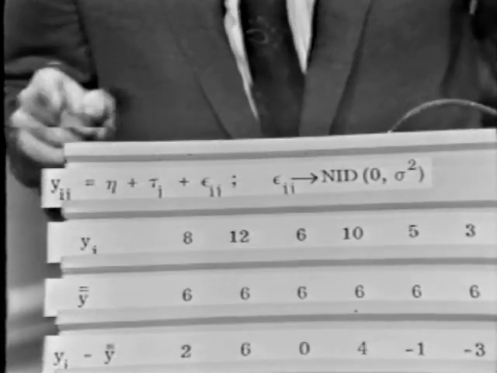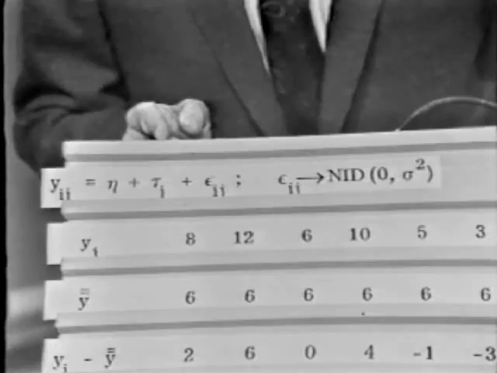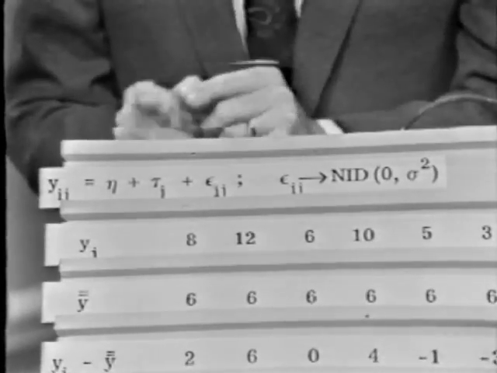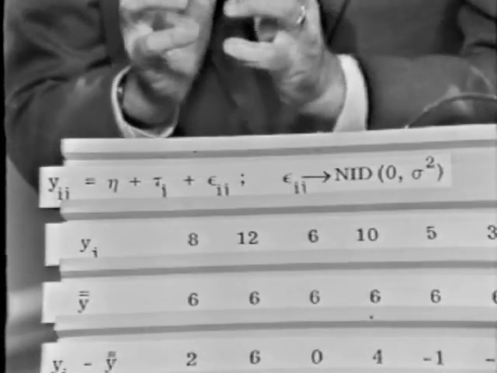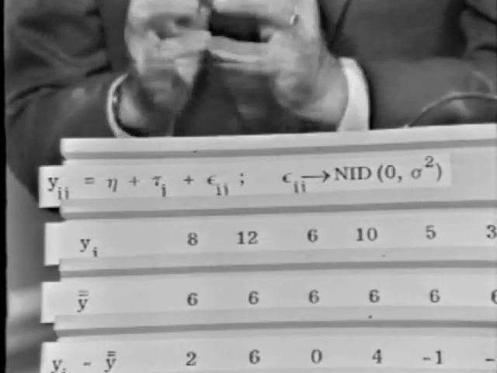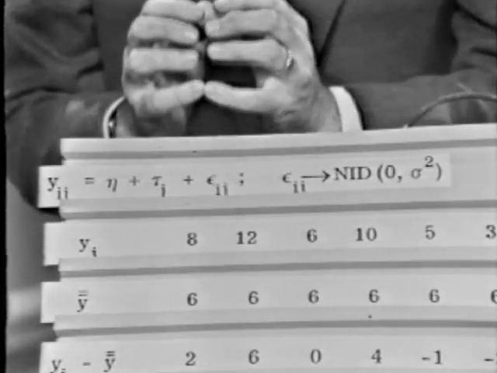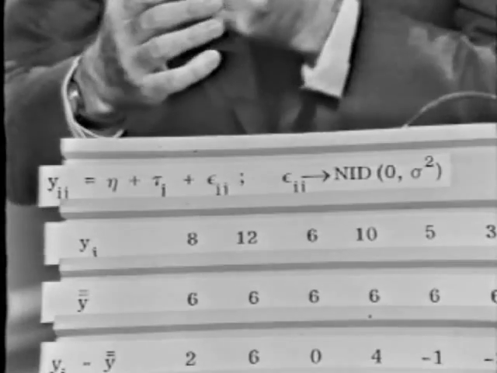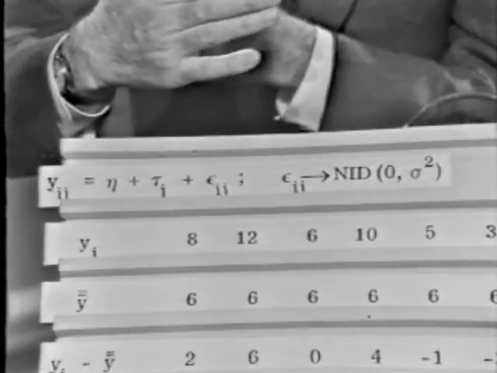The individual observations are equal to mean plus tau sub j. Now the tau sub j's are little fixed effects which the observations endure for being in one classification or another. The observations in classification A get a fixed effect, and we're going to call that tau sub a, I guess.